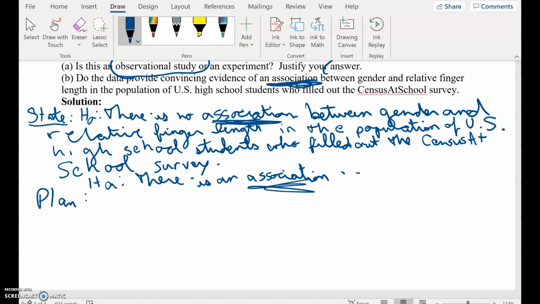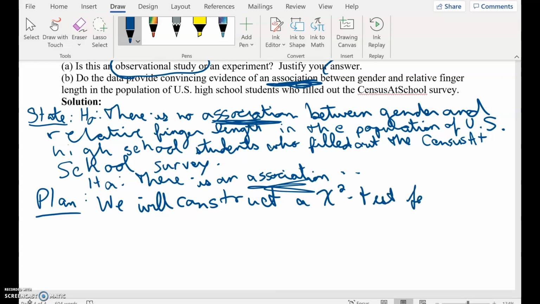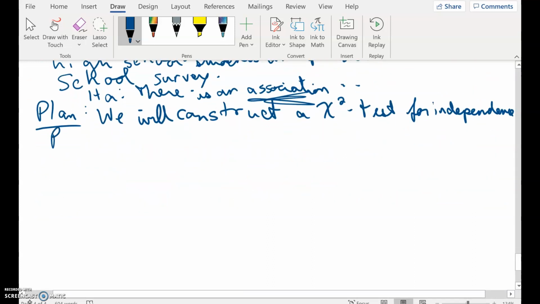Plan. We will construct a chi-square test for independence. Is your finger length independent of your gender? Random.